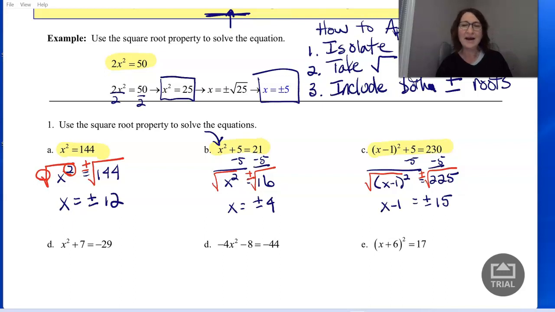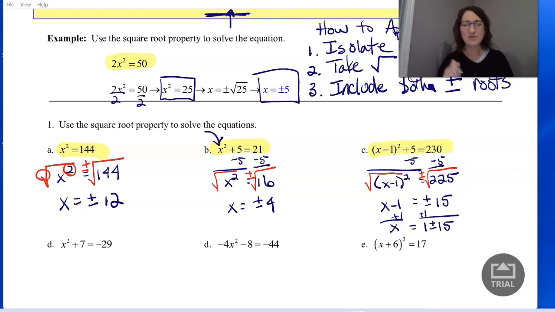But I don't have that x all by itself yet. I need to add 1 to both sides. When I add the 1, I'm being very purposeful. I'm putting it in front of that plus or minus. So now I've got x equals 1 plus or minus 15.